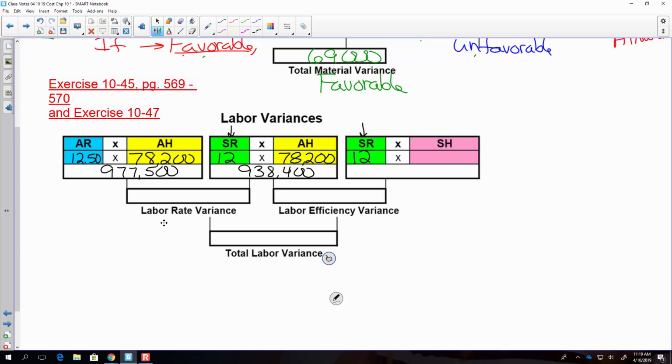Because on the left is more. The actual rate is more than what we thought. So, yes, Kershaw's right. It certainly is an unfavorable rate variance. So now we're dealing with labor. The heading changes from price variance to rate variance. What is the difference? I think it's 39,100.